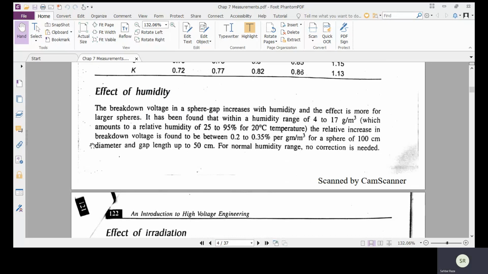The breakdown voltage in a sphere gap increases with humidity, and the effect is more for larger spheres.